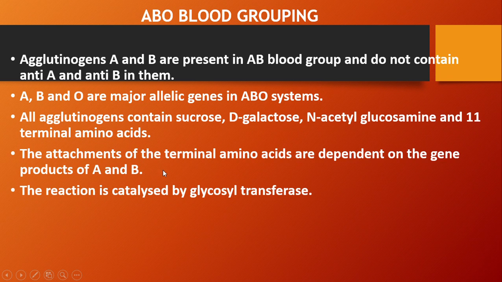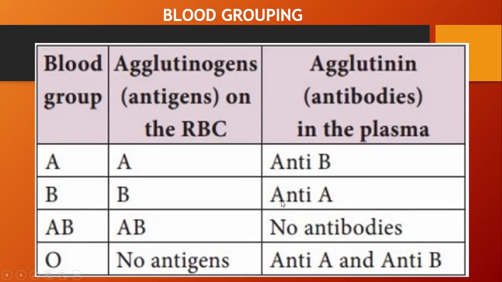Agglutinogens contain sucrose, D-galactose, N-acetyl glucosamine, and 11 terminal amino acids. The attachment of these amino acids is dependent on the gene products A and B. For these reactions to take place, enzymes are required, and the enzyme for the synthesis of antigens is glycosyl transferase.